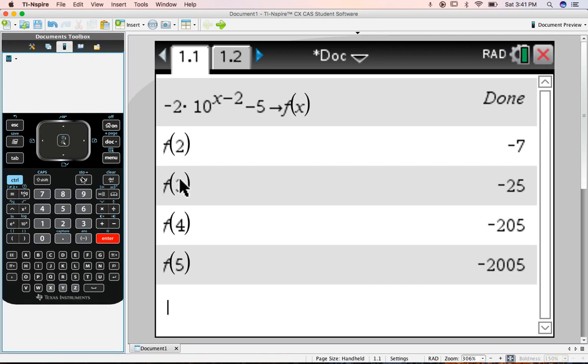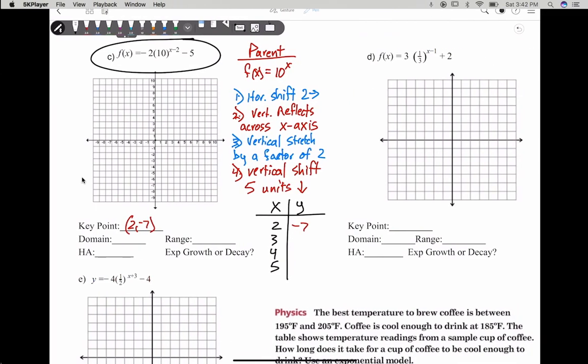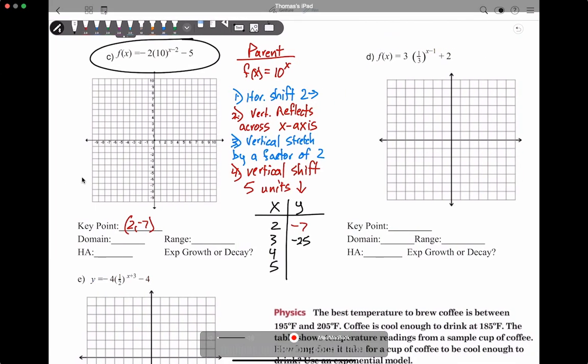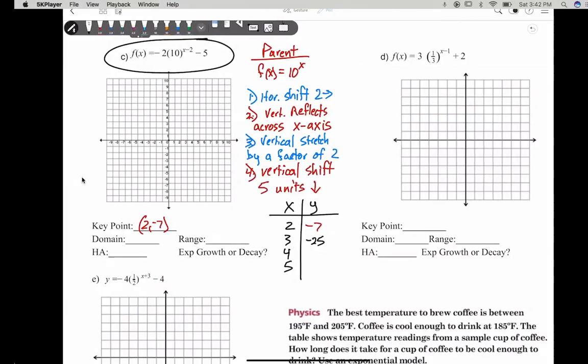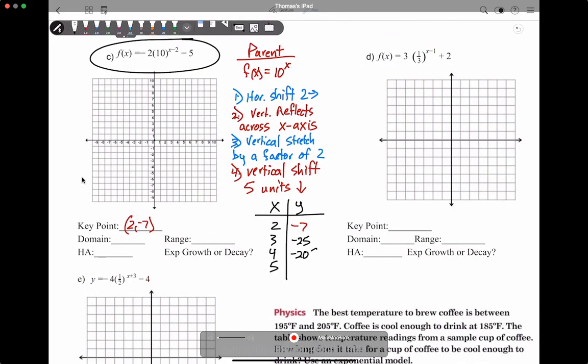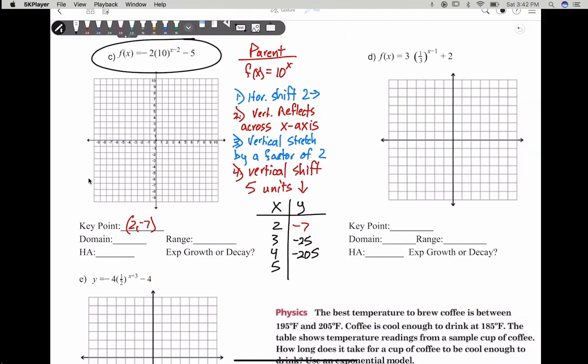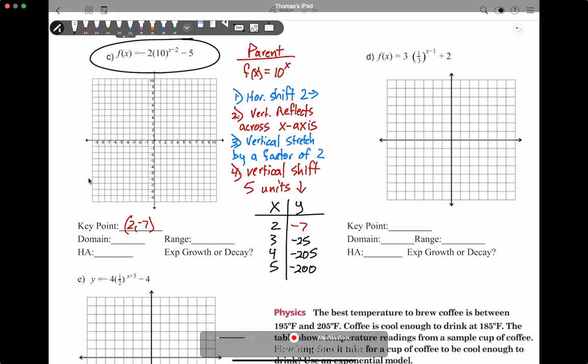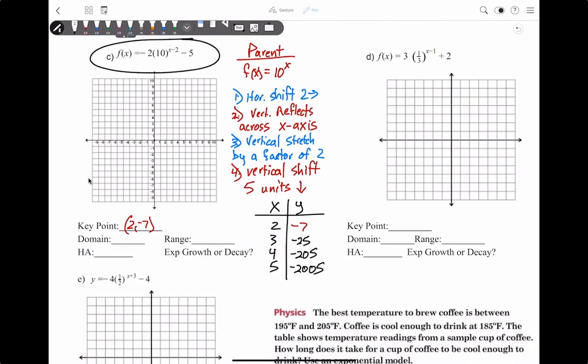These are pretty big numbers, okay? So we have negative 25, negative 205, and negative 2005. And again, this is growing fast, and you see it.